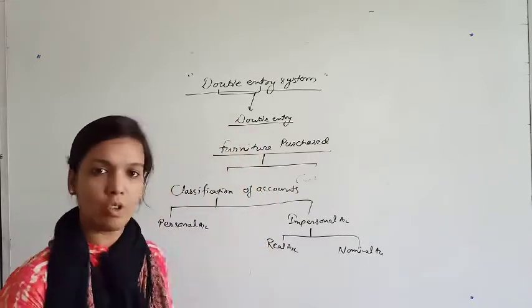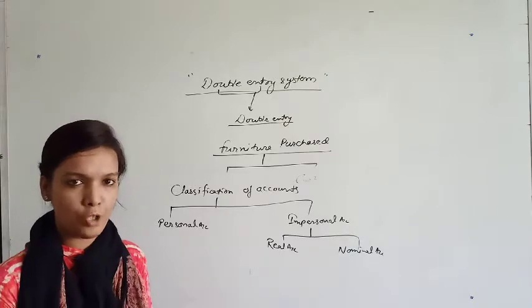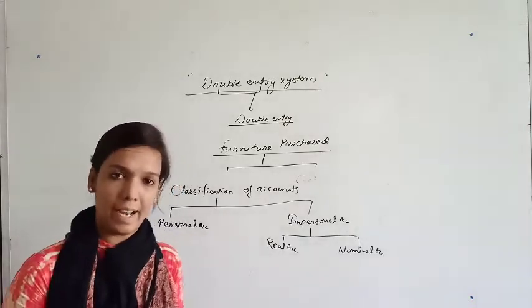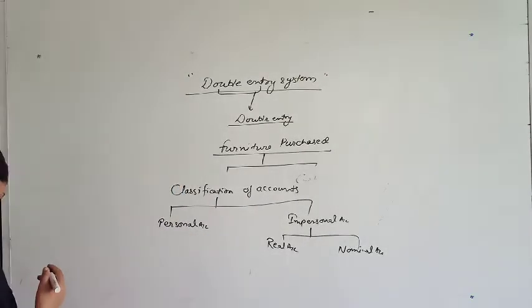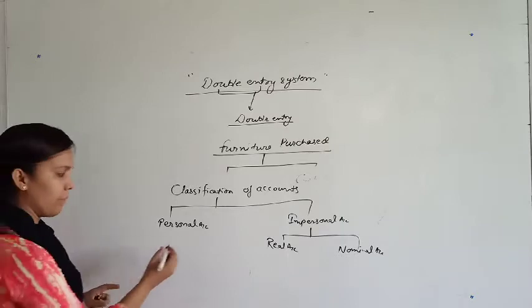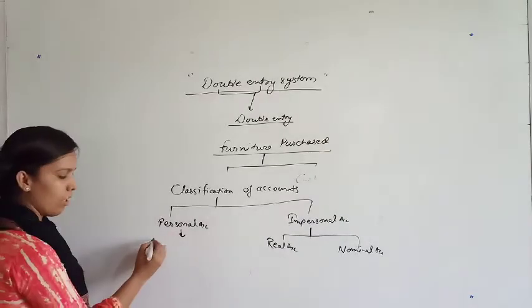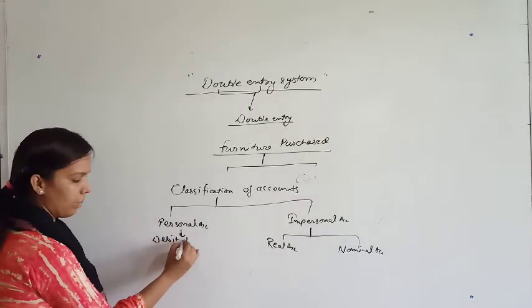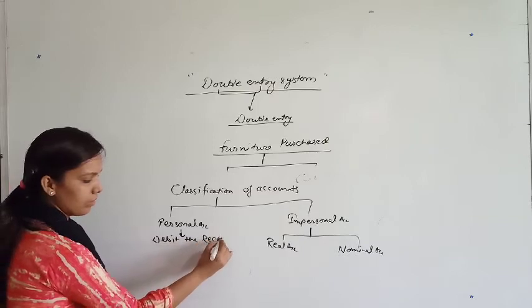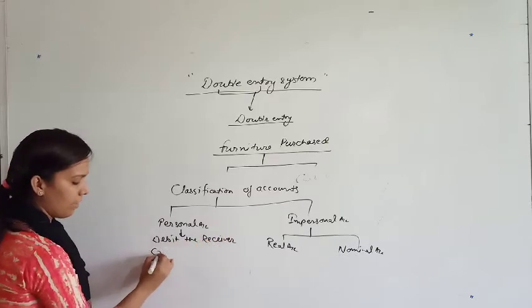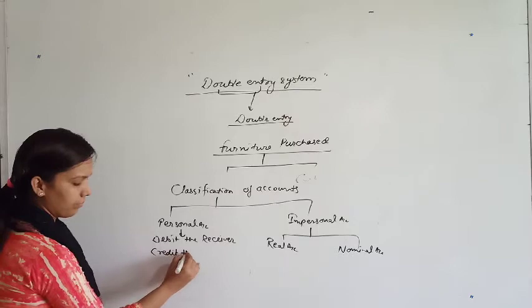Let's talk about the rules of these accounts, on which basis we will post the entries. So first of all, personal account. What will be the rule of personal account? Debit the receiver and credit the giver.